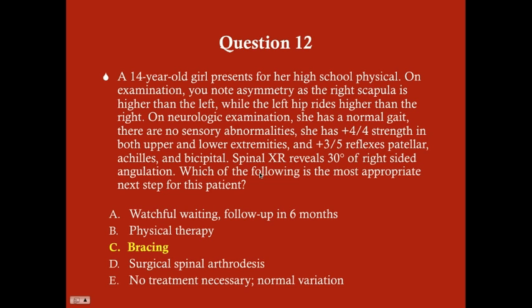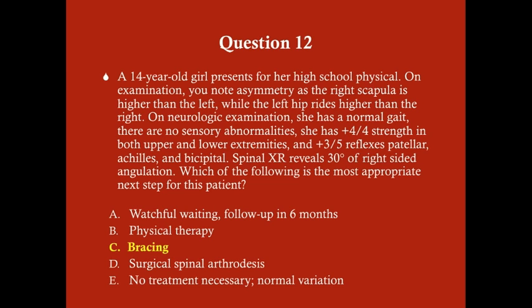So an abnormal neurologic examination with the presence of scoliosis suggests neuromuscular scoliosis, which is different from just pubertal scoliosis, and therefore the treatment is going to be different, and we're going to want to get an MRI to investigate that further.